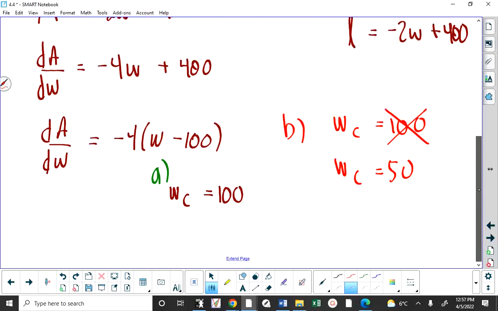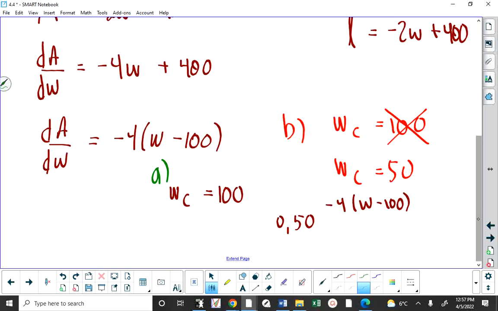Well, for part B, our first derivative chart, I think I can squeeze it in here, would go from 0 to 50. That would be the only interval. The only critical value happens to be the end of the function. So up top we can put -4 and W minus 100.